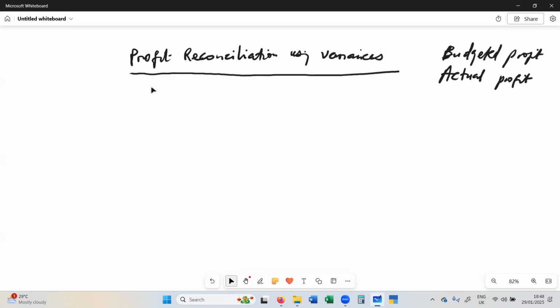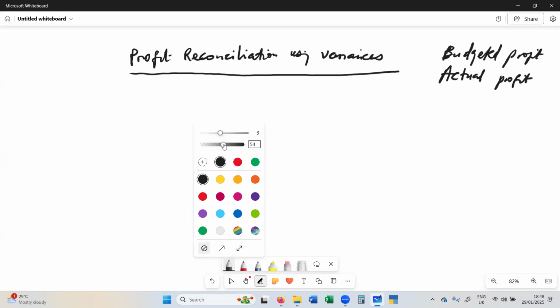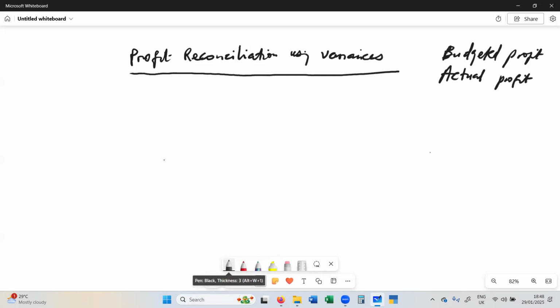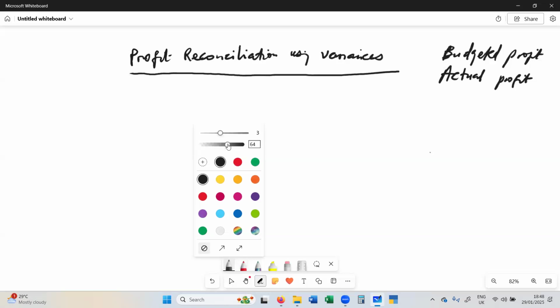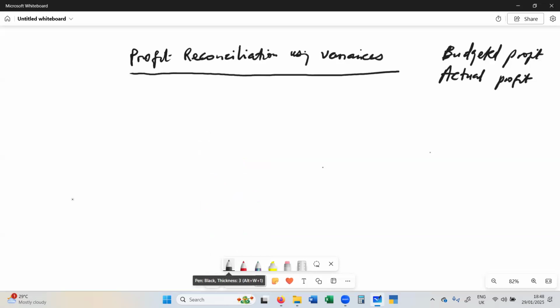So in going about profit reconciliation, in using profit reconciliation, you can either use the marginal approach, or the absorption approach.